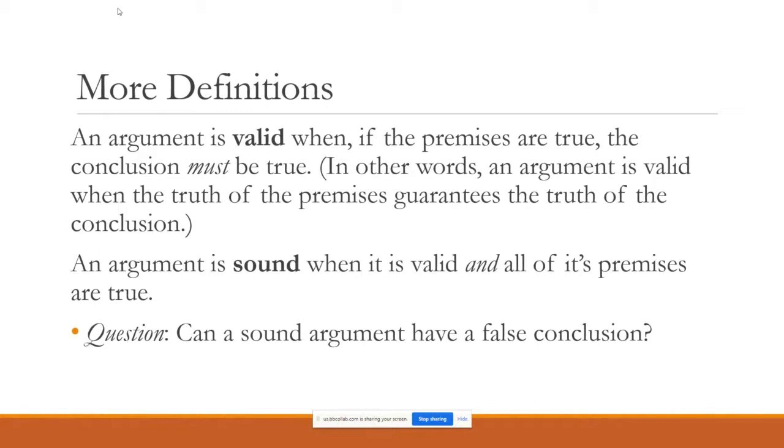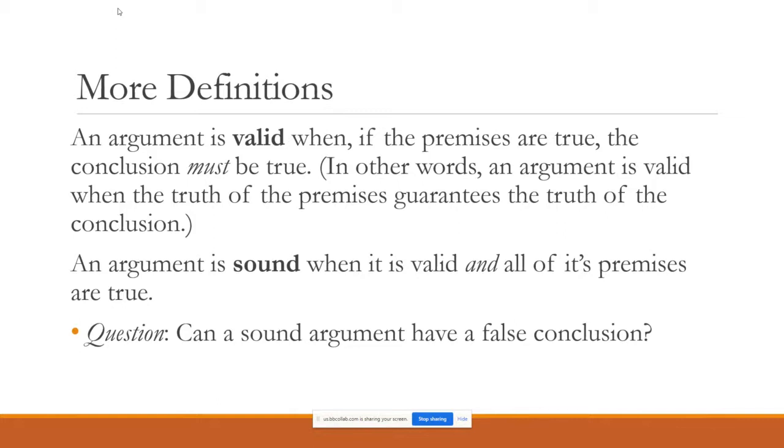And that is a more formal definition. What we mean there is not just that the reasoning is good in some vague sense, but that it's good in a very specific sense: that if the premises are true, the conclusion must be true. In other words, a valid argument is one in which the truth of the premises would guarantee the truth of the conclusion. And a sound argument is just a valid argument with all true premises.